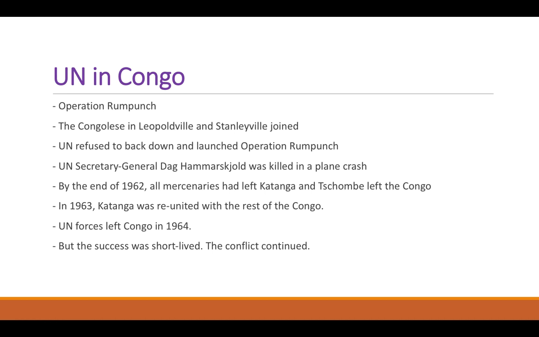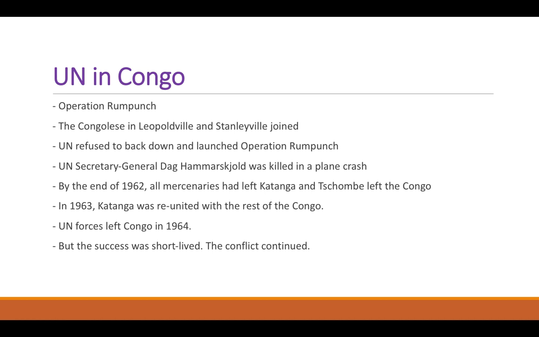UN Secretary General Dag Hammarskjöld got killed in a plane crash in the Congo. Think globally: the Secretary General of the United Nations, which already existed by that time for 15 years, and its leader got killed in Congo in an accident. So this was a very serious situation.